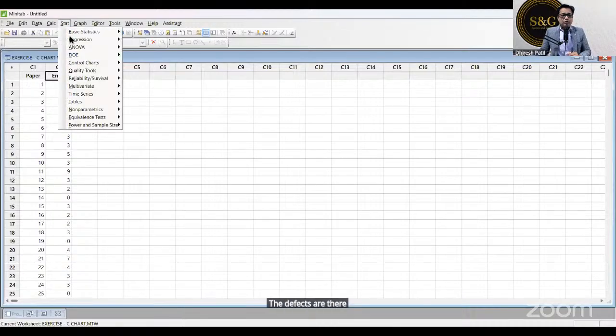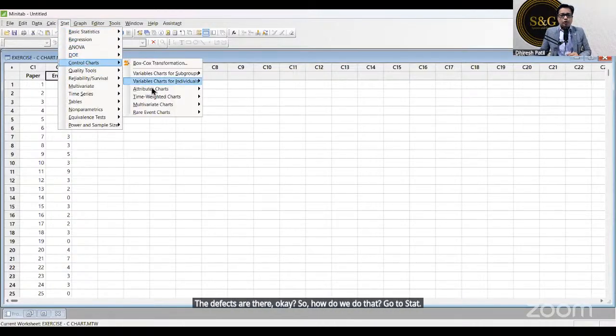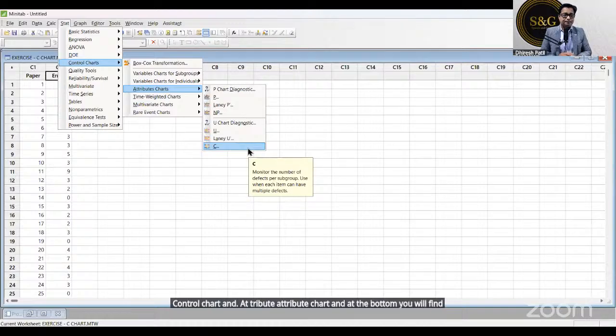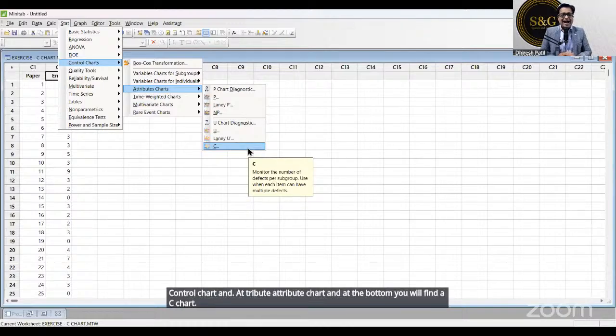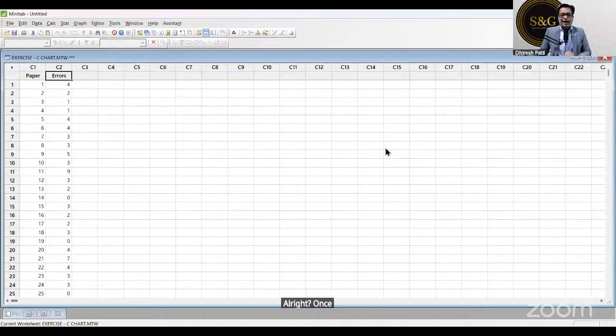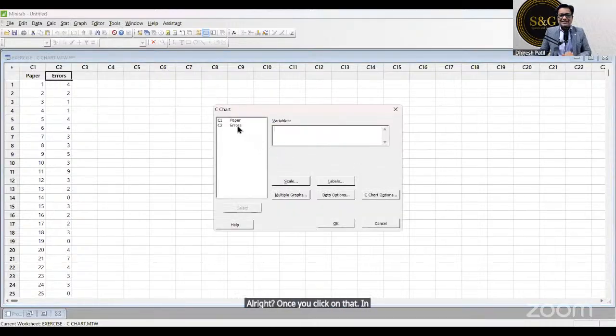Okay, so how do we do that? Go to Stat, Control Chart, Attribute Chart, and at the bottom you will find C chart. Stat, Control Chart, Attribute Chart, C chart. Just follow this, please. All right, once you click on that, in the variable just select errors.